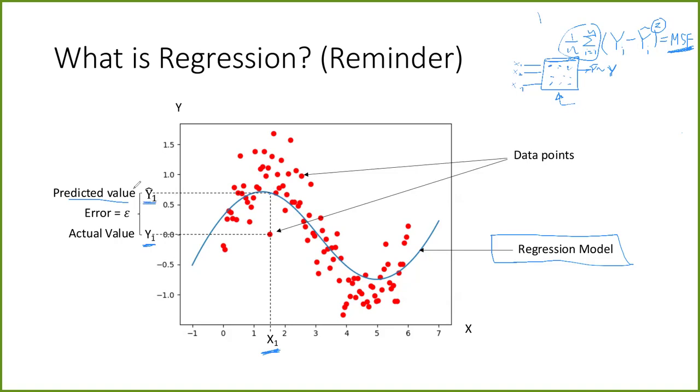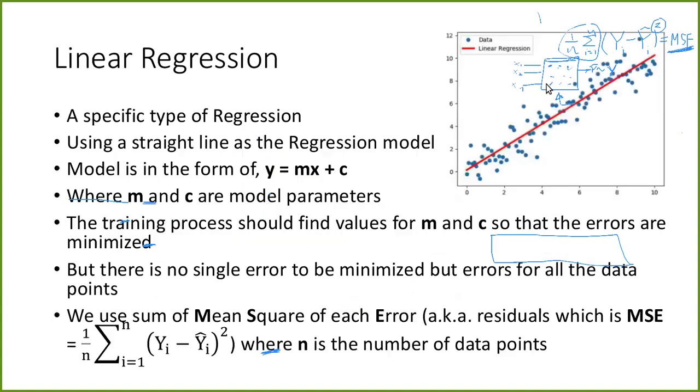So then there is a difference, or an error. This is the error, this is the epsilon. The red points are the data points, while this is the regression model. This is how we calculate the error so that we can train the model.